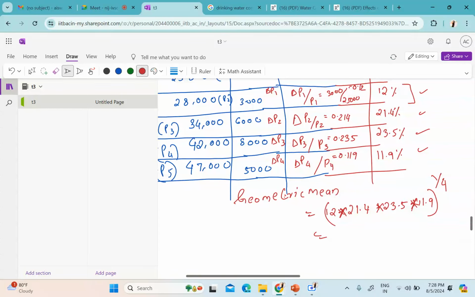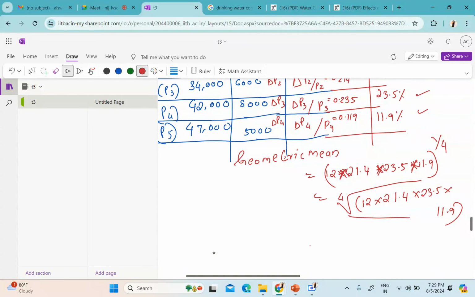You have to multiply and find this value, the geometric mean. That is, 12 into 21.4 into 23.5 into 11.9. Calculate this value and tell me.